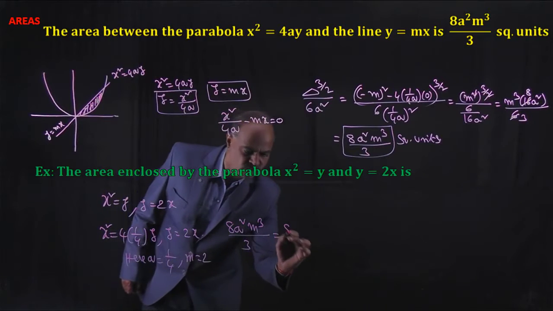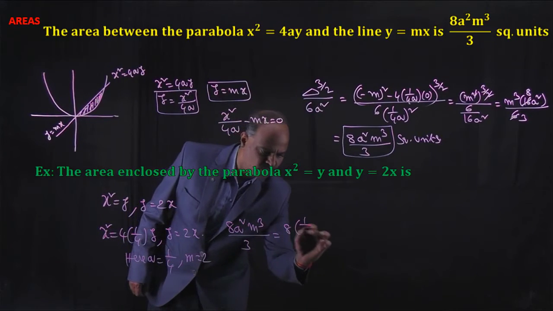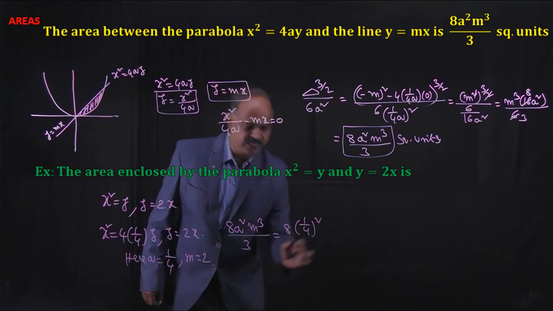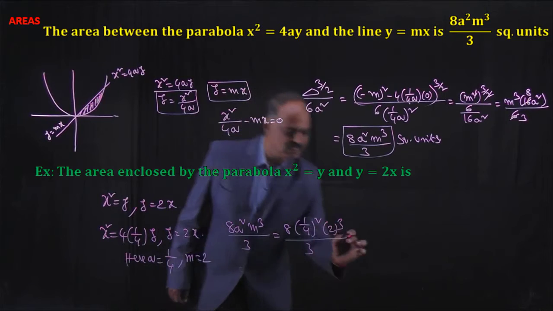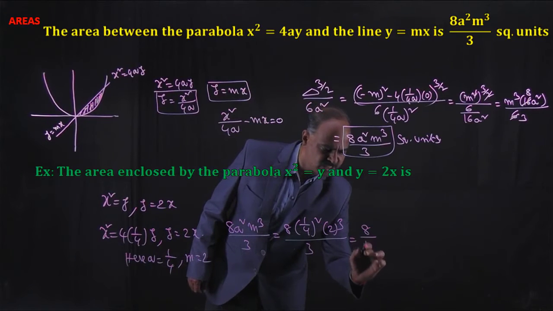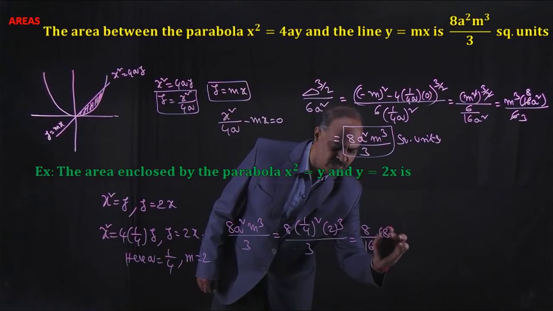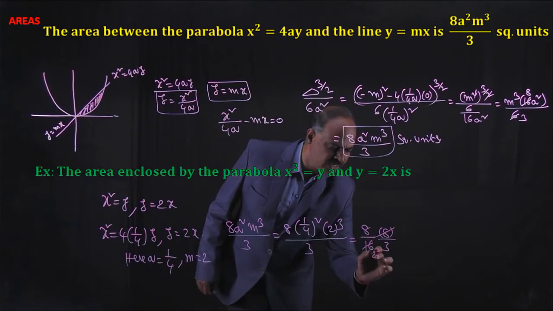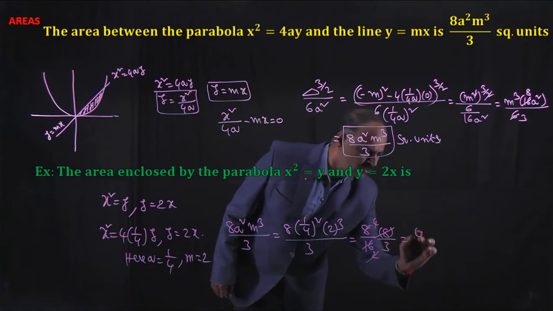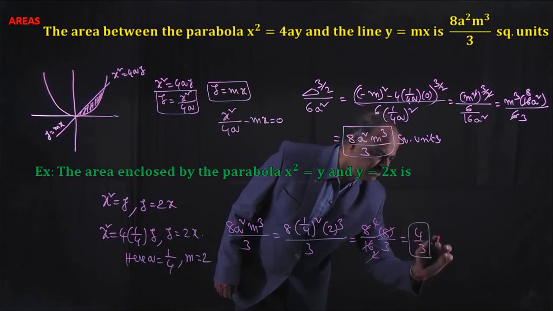So this is equal to 8 into 1 by 4 whole square into 2 whole cube by 3. Now this is equal to 8 by 16 into 8 by 3. So that is equal to 8 into 2, here 2 into 4. So that is equal to 4 by 3 square units.